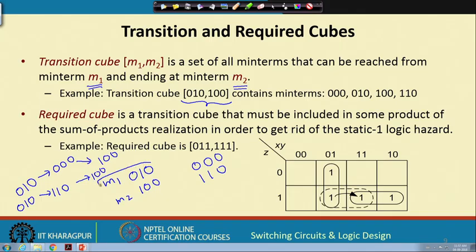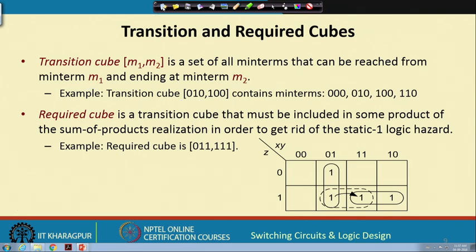So, I try to find out all such possible additional minterms that will be part of the transition cube, and a required cube is a special kind of transition cube that must be included in some product term to get rid of static logic hazards.